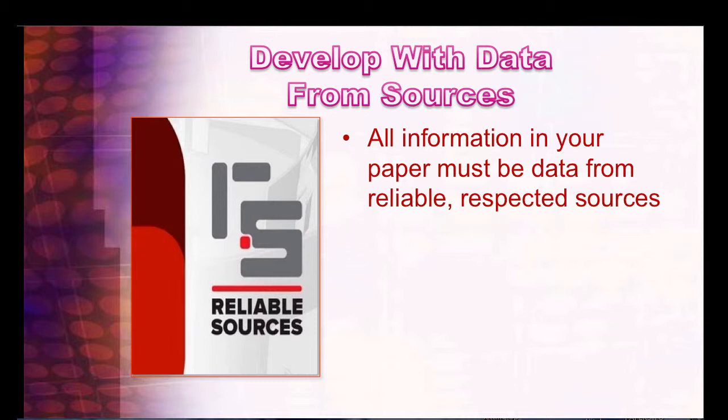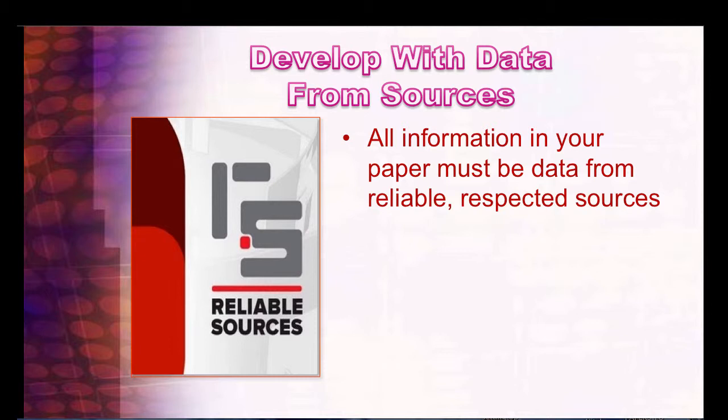First of all, everything in your paper has to come from reliable, respected sources. All of your data has to be supplied by the sources that we've talked about, which basically is articles from the databases, books, and some, although not all, documentaries.